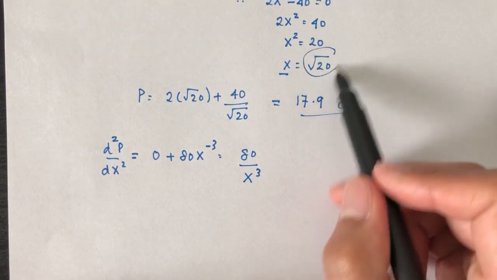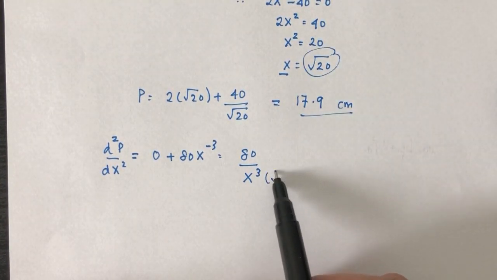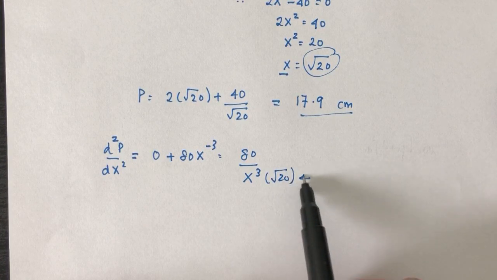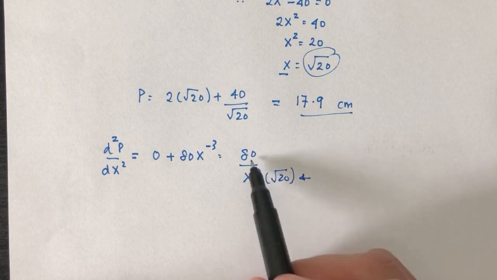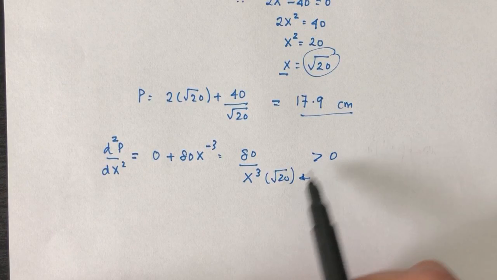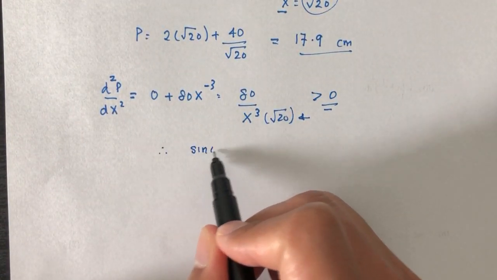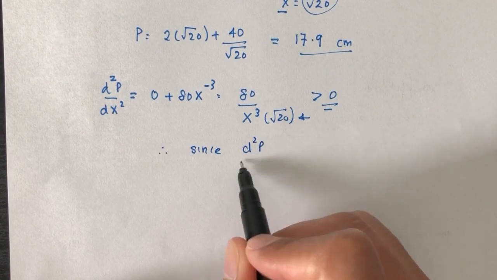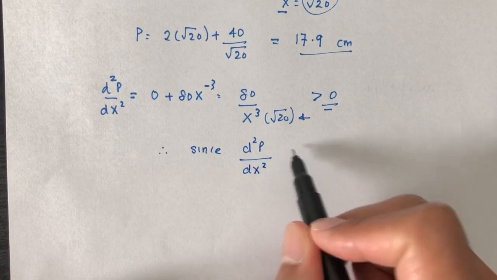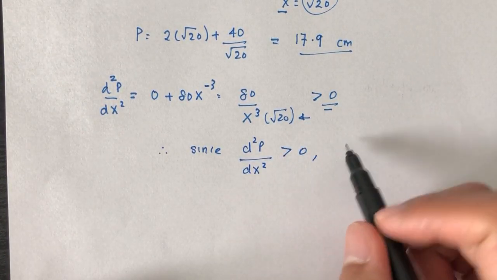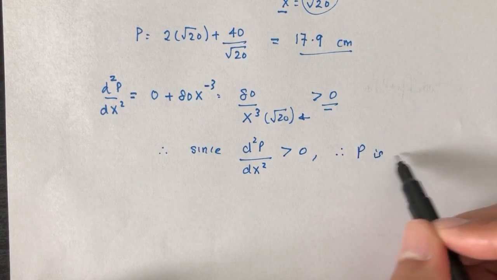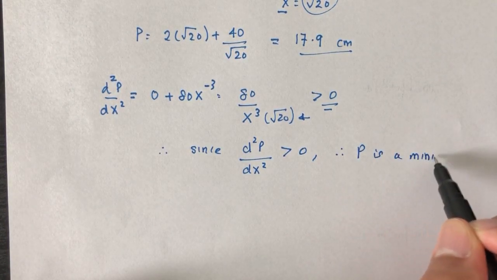Since this is positive, the value here can only be more than 0. So you would say, since d2p by dx2 is more than 0, the value of p is a minimum.